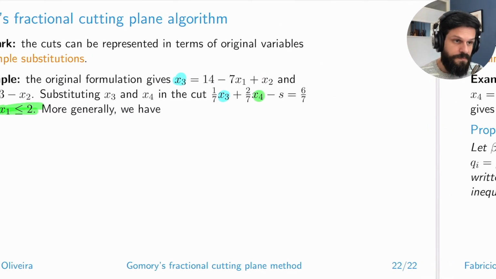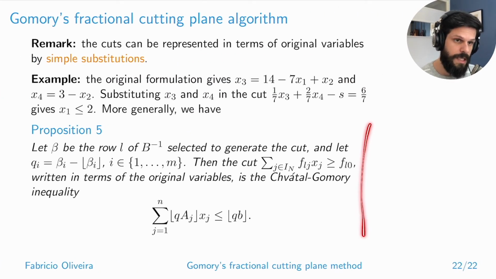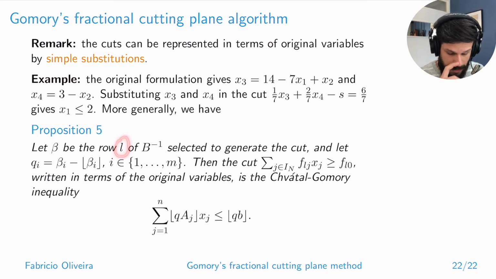If you want an automated way of doing so, here is a proposition that shows how to do it. It's exactly just doing the substitution calculations we did, but in a more concise form. Basically, get that L row of B minus 1. I'm not using I because it's not B minus 1 A, it's just the matrix B minus 1.